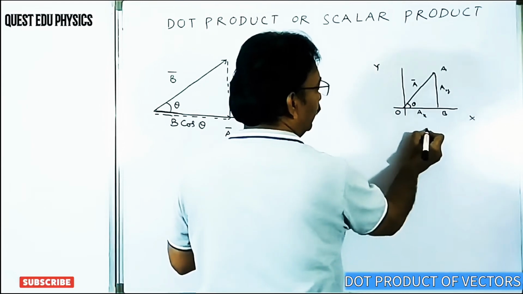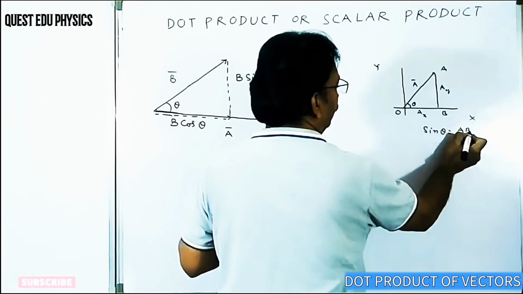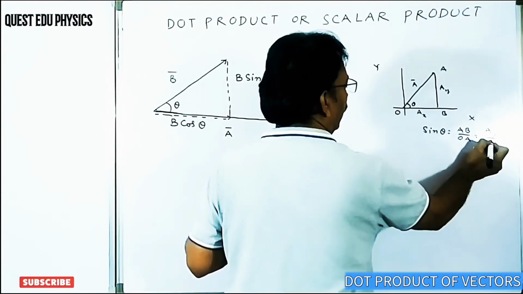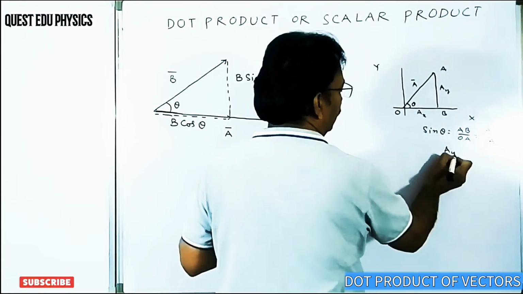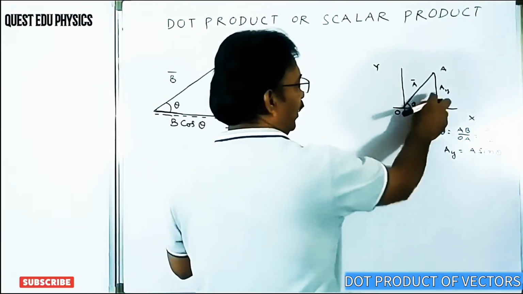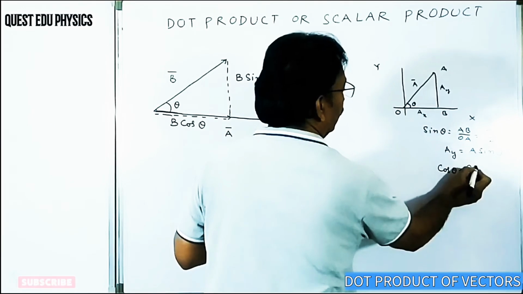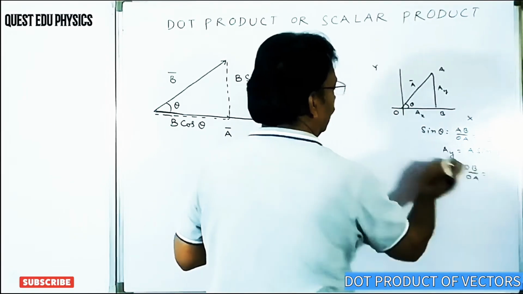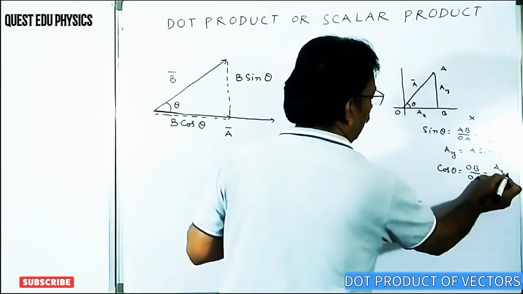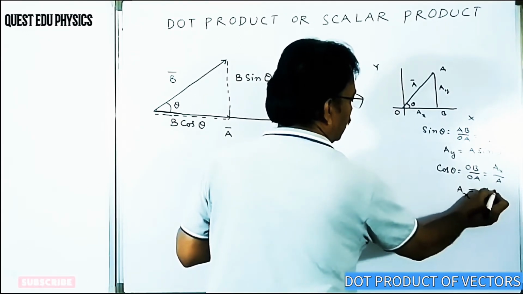From this triangle, sin theta is equal to AB by OA, which is AY by A. That is, AY is equal to A sin theta. Similarly, cos theta is equal to OB by OA, that is, AX upon A. So AX is equal to A cos theta.